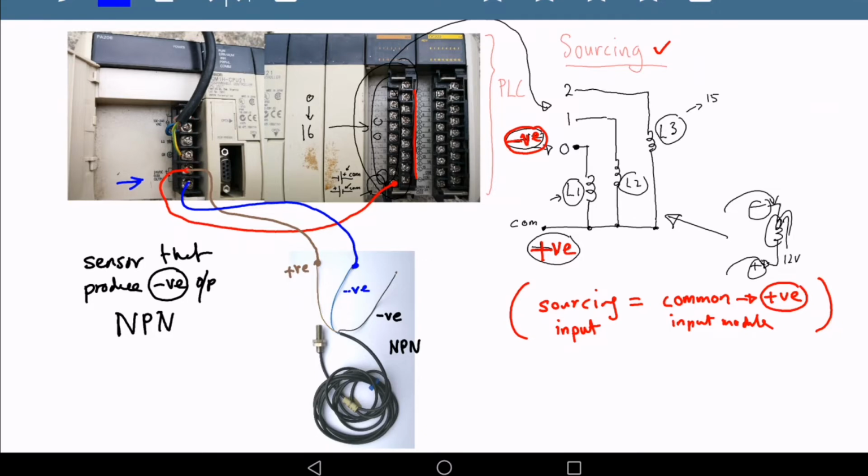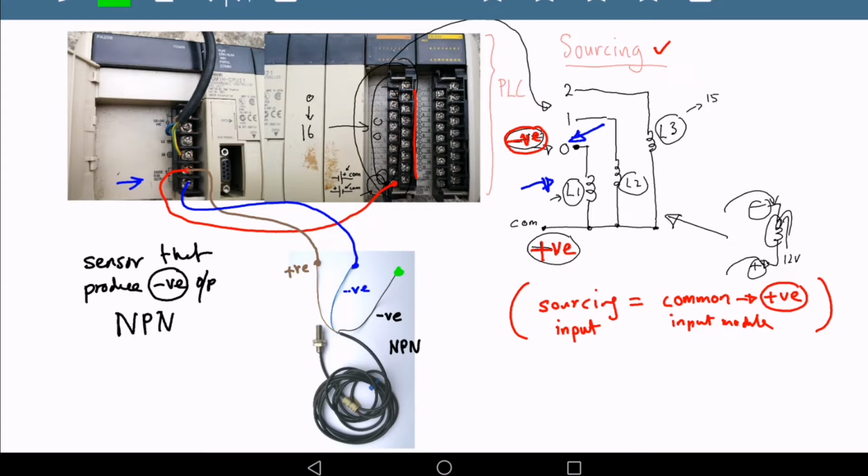Now, remember this. We need negative to trigger the input, or using the analogy just now, we need negative to turn on L1. So I use this green color so that we can see clearly.